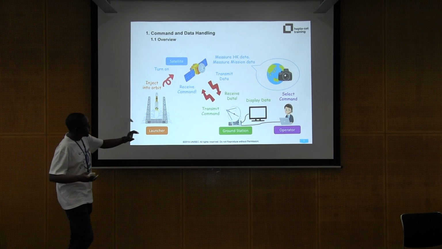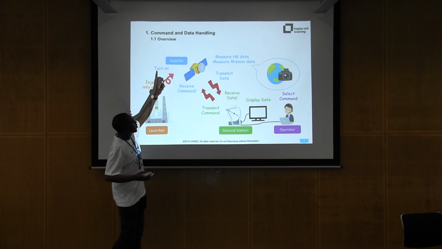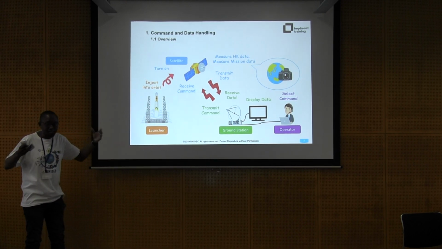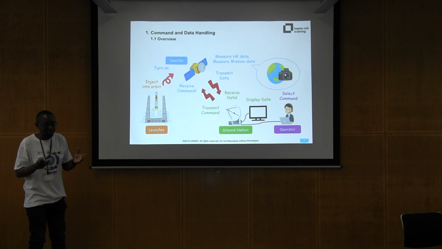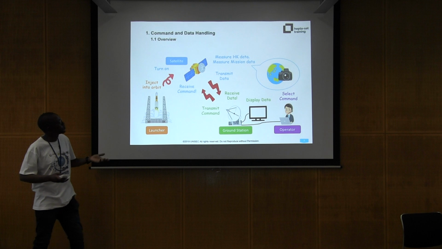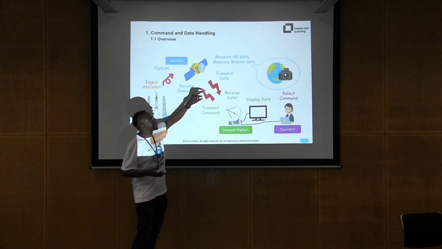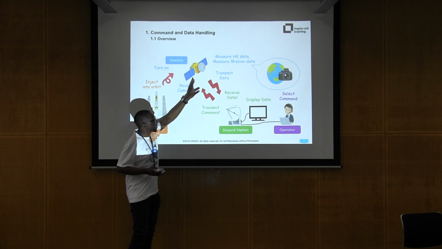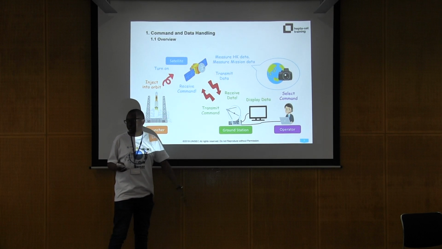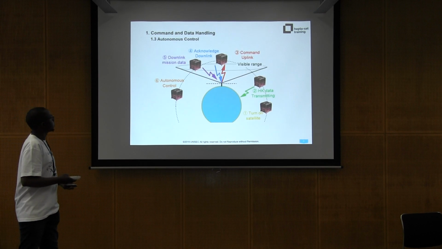So here we've got the ground station where you press and send the command, the satellite receives the command, and it has to do something. It has to manage what the instruction is saying. Maybe it says, okay, you need to take a picture, so it needs to process the information in the satellite and take the picture, and the picture needs to be sent to the ground station. That is the handling part of the satellite.